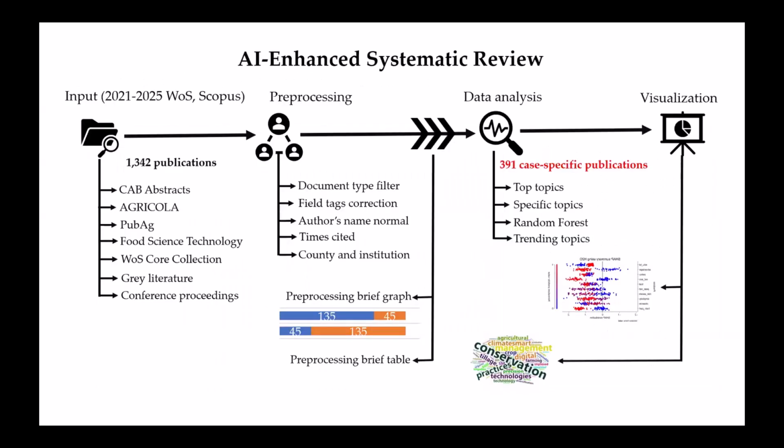So AI can help with systematic review. In this particular case, I had an input: 2021 to 2025, the latest 5 years, and the databases were mainly Web of Science and Scopus. Why these two databases? Because they are the biggest worldwide bibliometric databases.